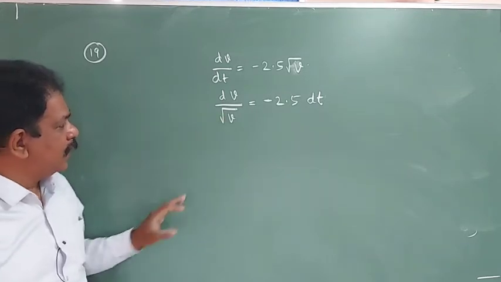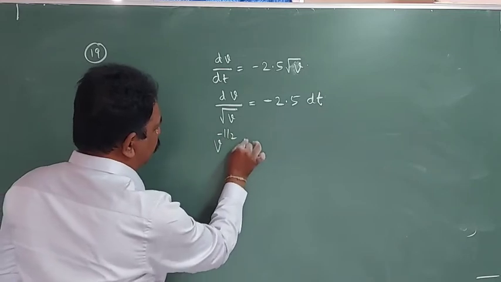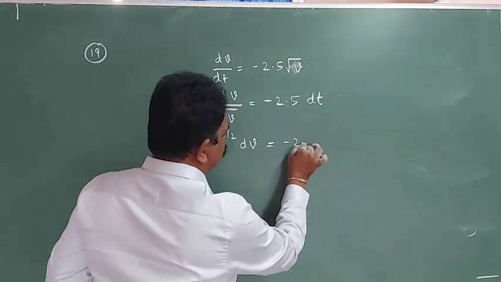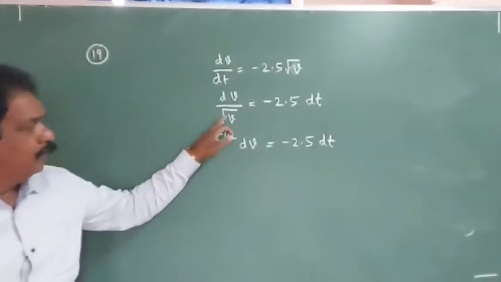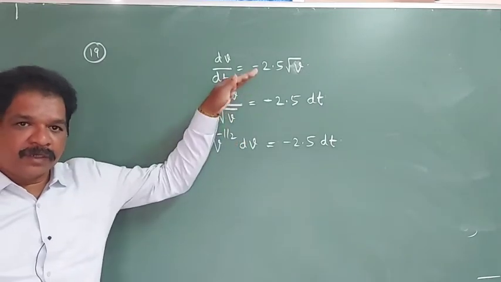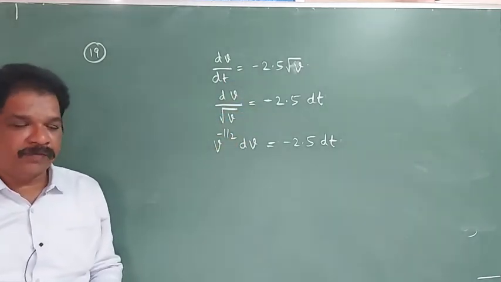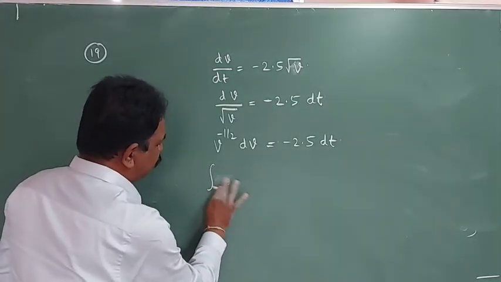We have to take differentiation or integration. We will write this as v power minus 1 by 2 dv equals minus 2.5 dt. Understanding this one? V power 1 by 2, na? When it came to numerator, v power minus 1 by 2 dv. Take integration on both sides.